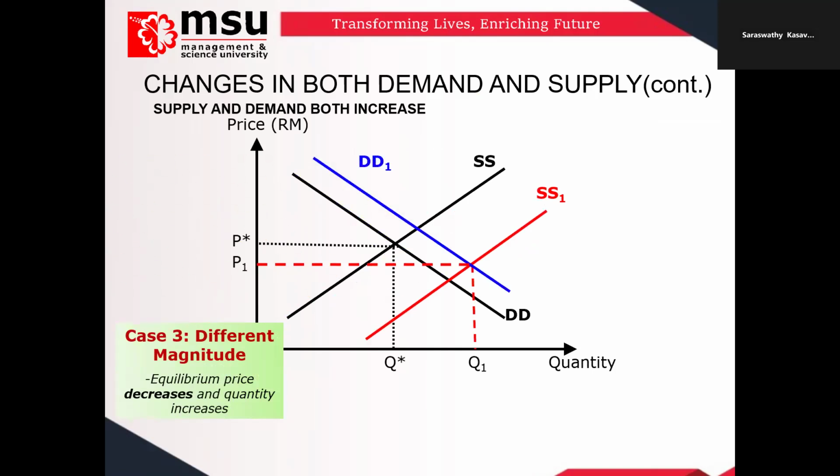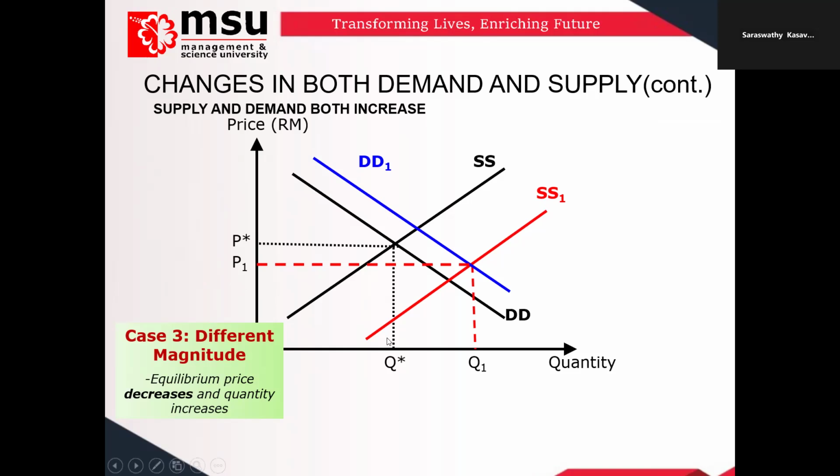Let's say in this case 3 there is a different magnitude for the demand and supply curves. Let's say the increase in supply is more than the increase in demand. What happens now? The equilibrium is P star and Q star.